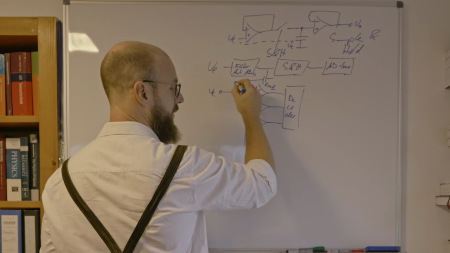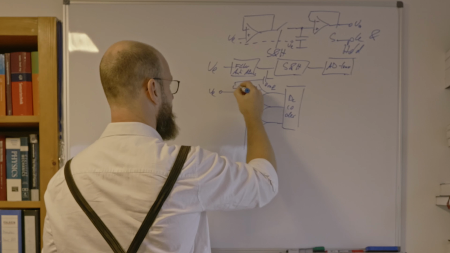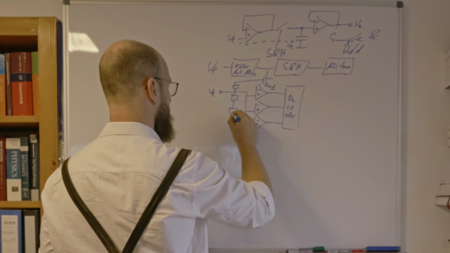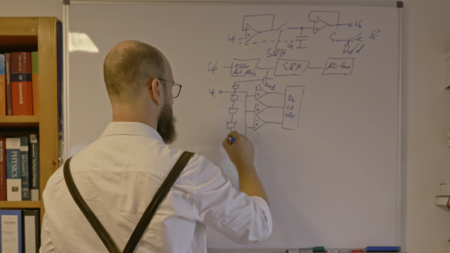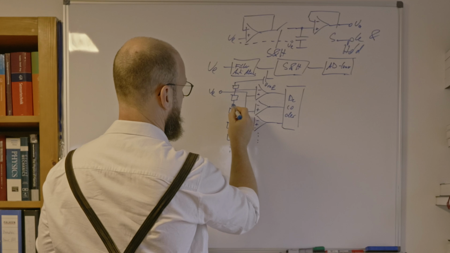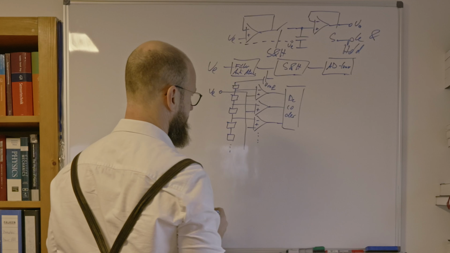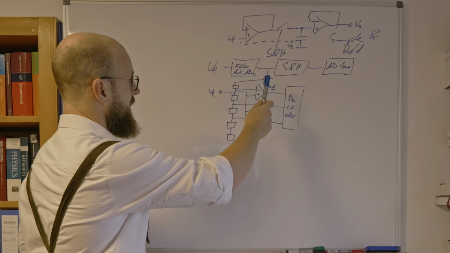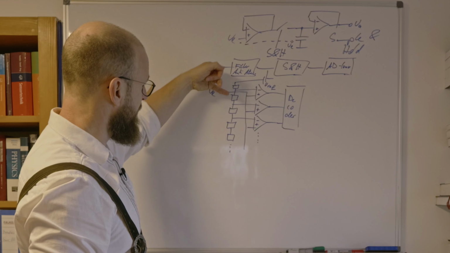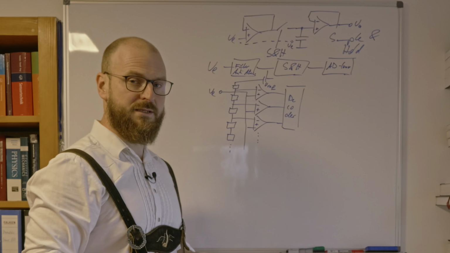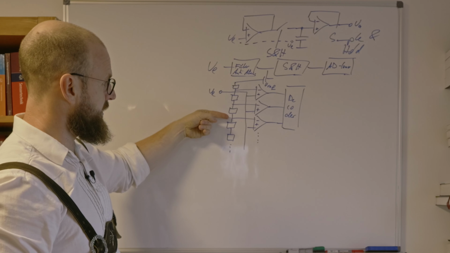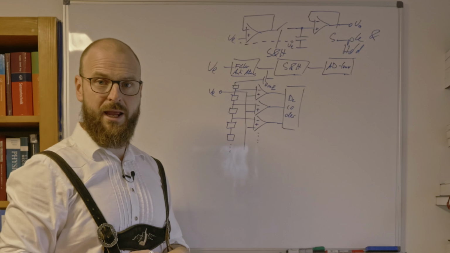So, for example, we could produce different reference voltages by just introducing resistors and so on, and connecting the different parts to the comparator. So that means we have a reference voltage which is split up in different parts which give us different voltages at the different points where the comparators are connected.